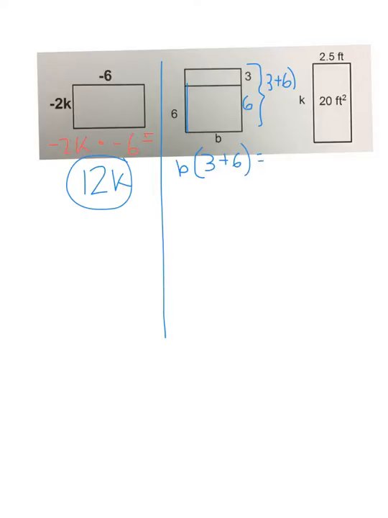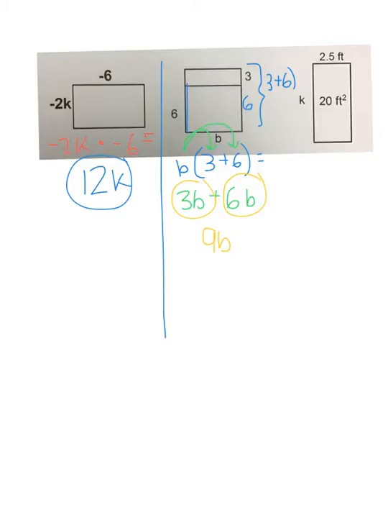Now, two different ways we can do this and get the same answer. We can do it like we did it above, where we distribute and we get b times 3 is 3b, bring down our plus sign, and b times 6 would be 6b. Then we can combine those like terms to get a total of 9b.